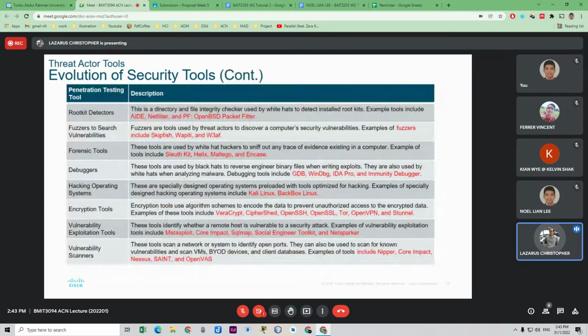And then some more, rootkit detectors. A rootkit is basically software that can be inserted into your OS, right? In fact, the most famous is the Sony rootkit.